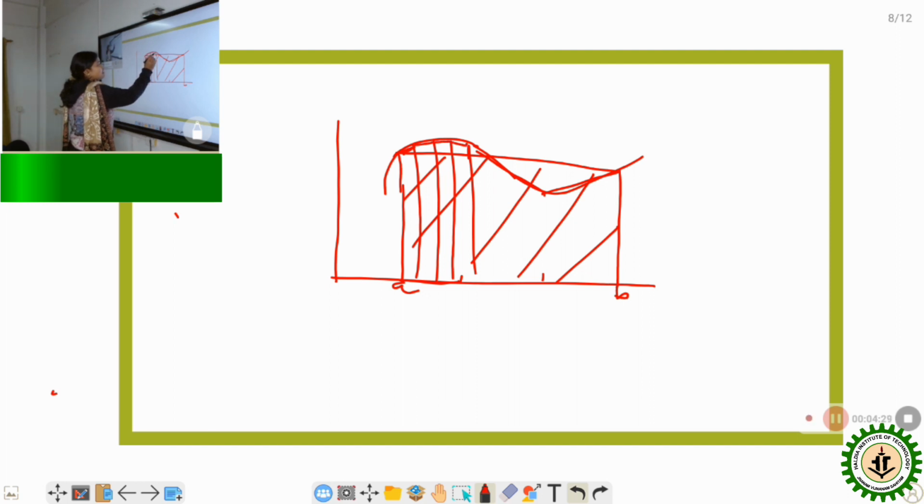So ultimately, a very negligible area we are neglecting or adding, right? From this we can conclude that as we increase the value of n, we will get less error. If I take one subinterval, the error is much, right? So to get less error, what will we do?